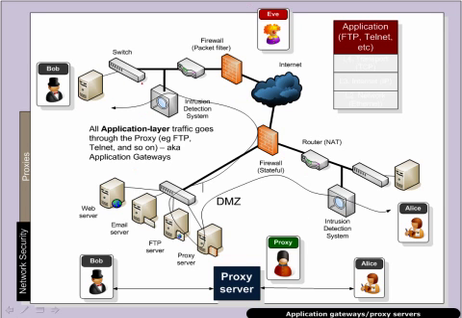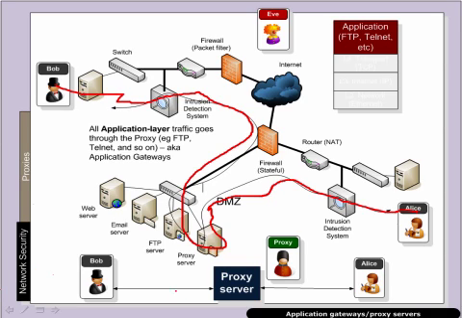With an application proxy, what we have is that for Bob and Alice to communicate, we must go through a proxy. In this case, when Bob is communicating with Alice, he goes through the proxy server and onto Alice. So the communications are done through an intermediate source or a proxy server.